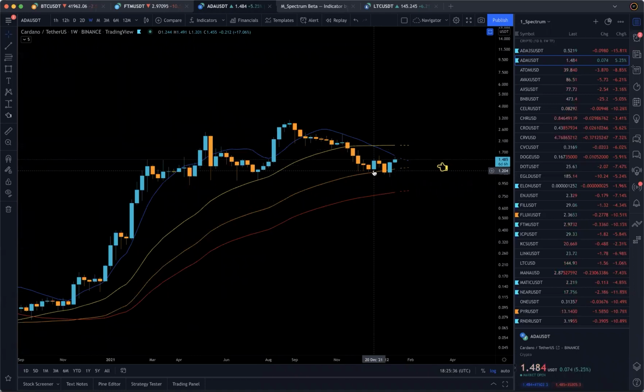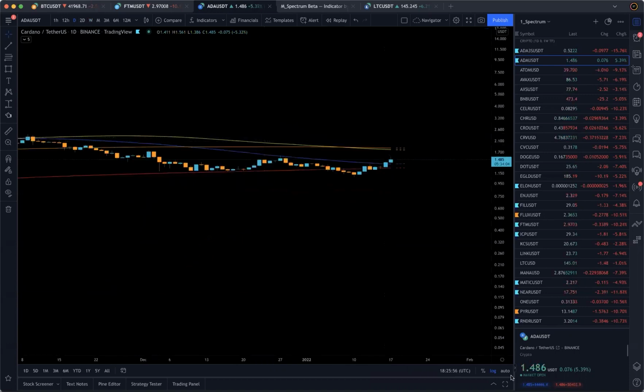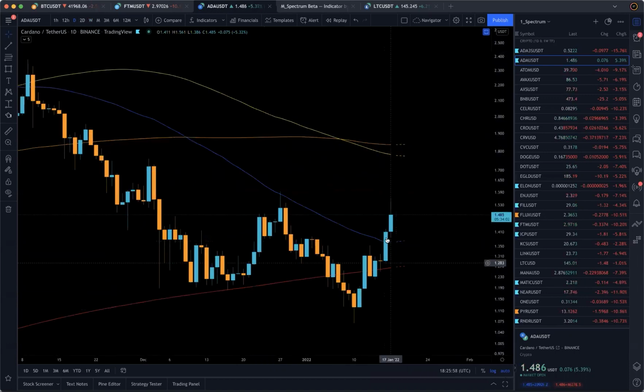As we have a 1 week time frame and a 1 day time frame, you put them together and make use of this indicator in the best possible ways, right? So this is on 1 week. On 1 week you can see that it was rejected by the blue, right? On 1 day, let's have a quick look, and we are going to see each and every coin on both. There is a breakout.